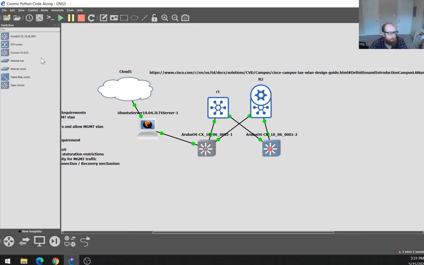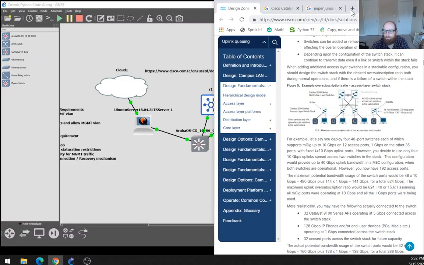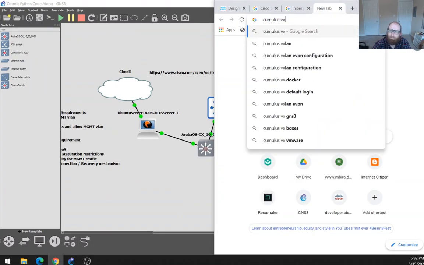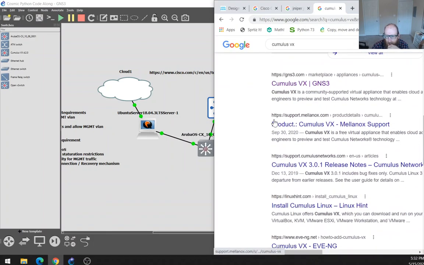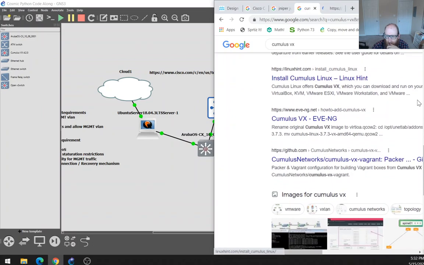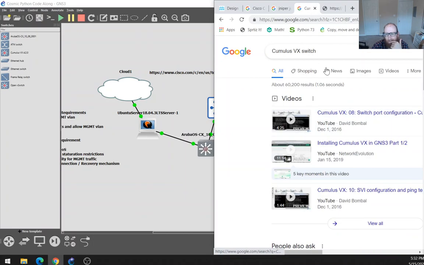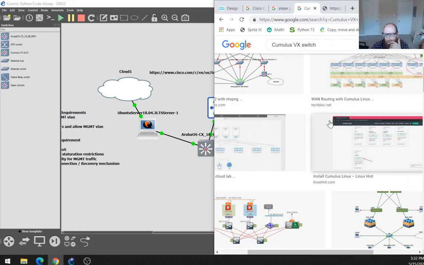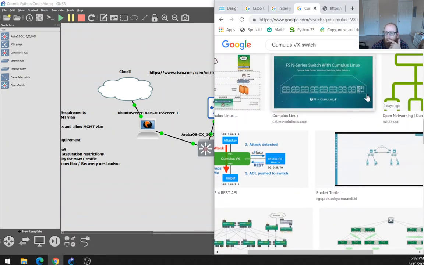I guess a Cumulus VX would be interesting. Okay, so that's another virtual switch though, I believe.